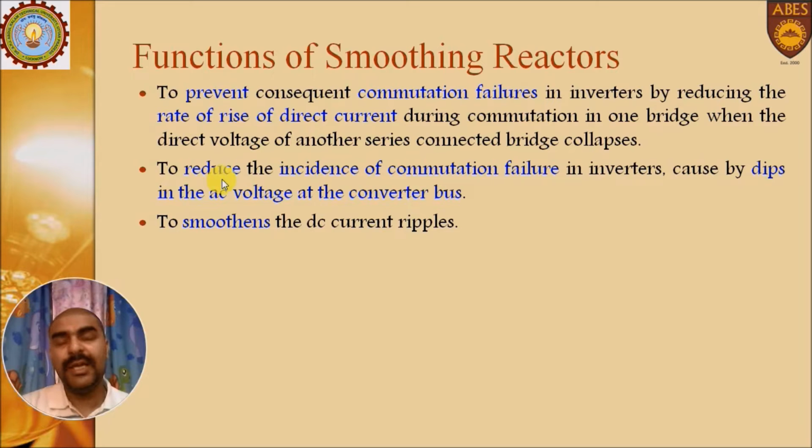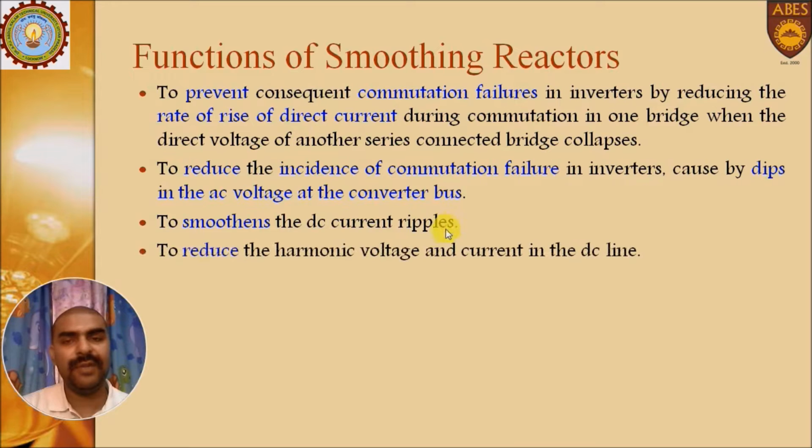Second function: to reduce the incidence of commutation failure in the inverter, which is caused by a dip in the AC voltage at the converter bus. Again, this is the property of the smoothing reactor, that instantaneous change is opposed, so it reduces the incidence of commutation failure.